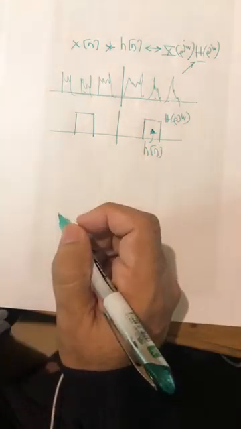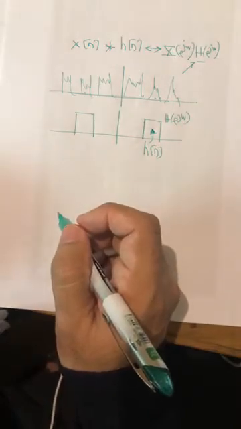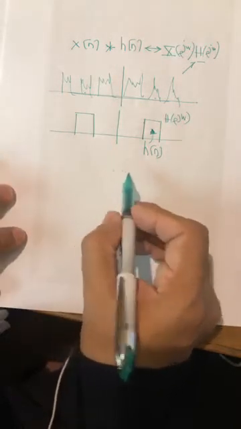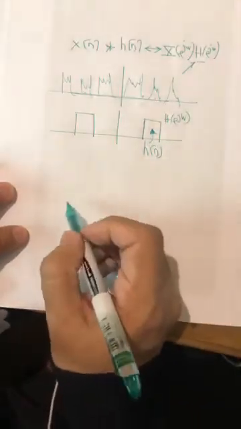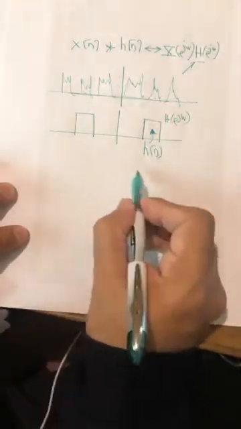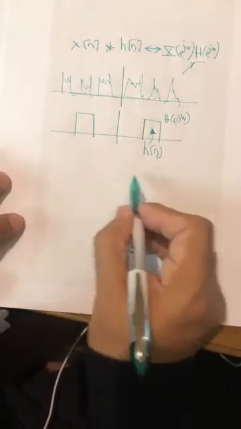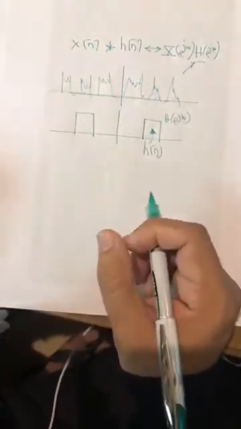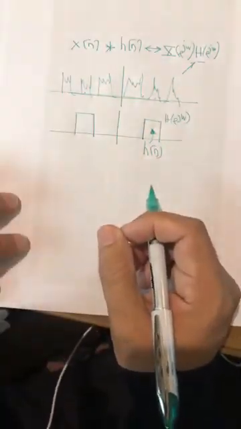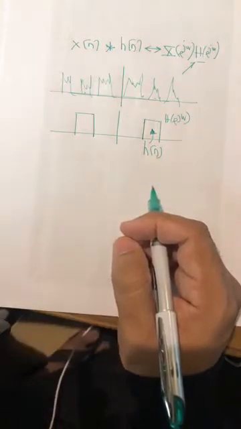Yes, delta of n has equal contribution of all the frequencies in our digital spectrum. A question is, if delta of n has equal contribution, yes, it has. In a delta of n, there is an equal contribution of all the frequencies. If you collect all the frequencies together of the same amplitude, in time domain, it gives you a delta of n. Okay, and same is the case.